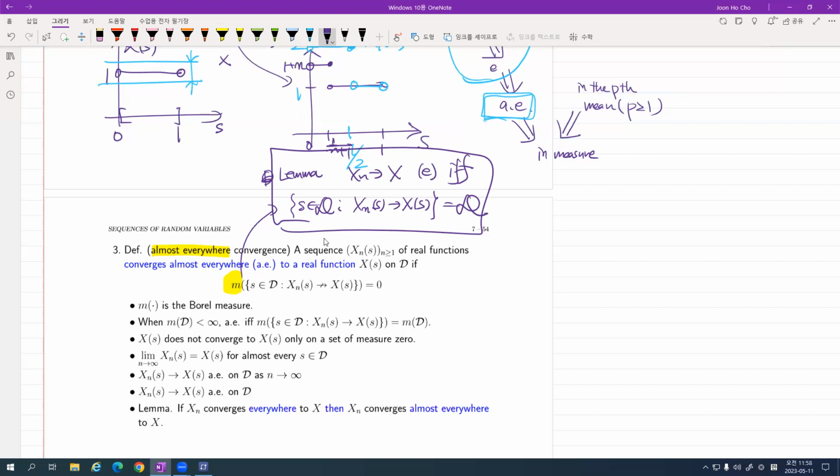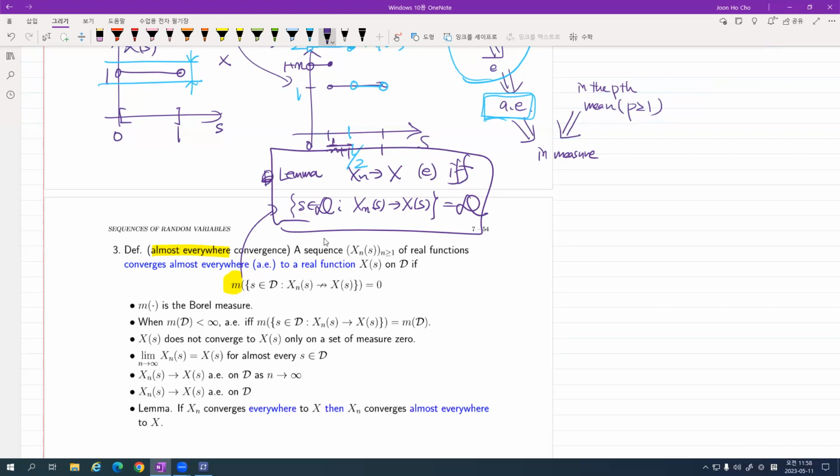Xn converges to X everywhere if and only if for each s the sequence of real numbers converges to the number x of s, and these two sets are the same. And we just relax this set equality to equal measure.